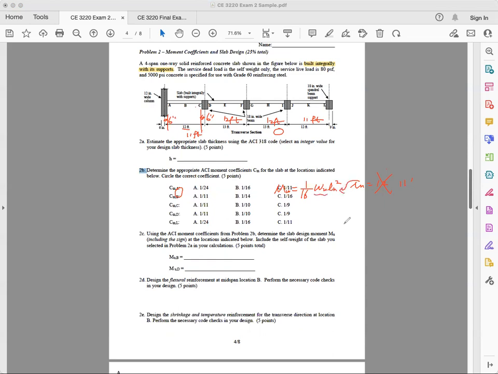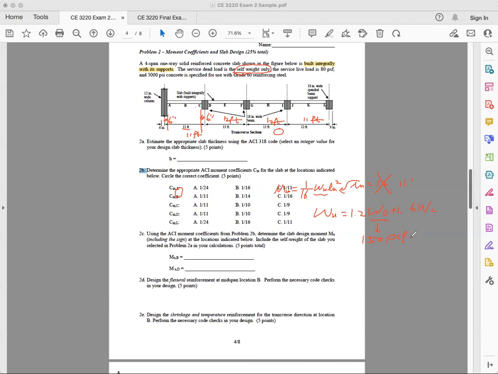How about omega u? Omega u is the applied loading. We all know it is 1.2 omega d plus 1.6 omega L. Now, what is omega d? Omega d is the dead load. What is dead load? The self weight only. So what is self weight? Self weight is 150 pounds per cubic foot, but we're talking about a unit strip.